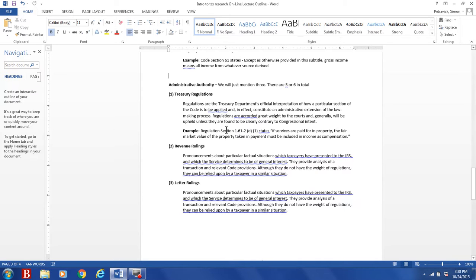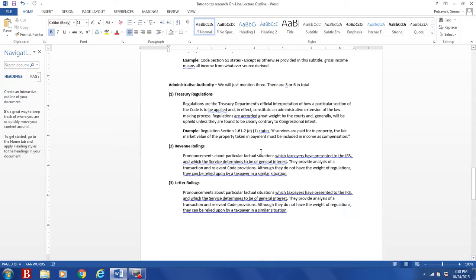For example, if code section 61 tells us what's income, the related regulation section is 1.61. The 1 point prefix tells us that it's a regulation, and 61 tells us that it's related to income.